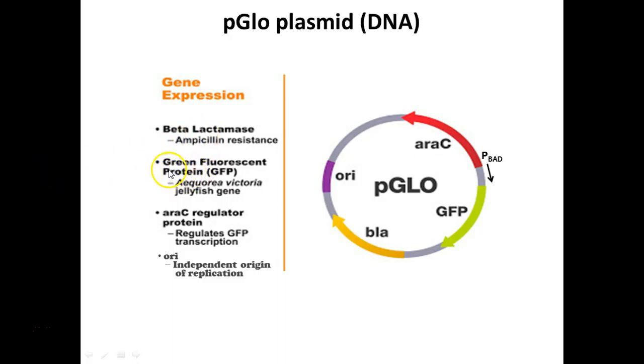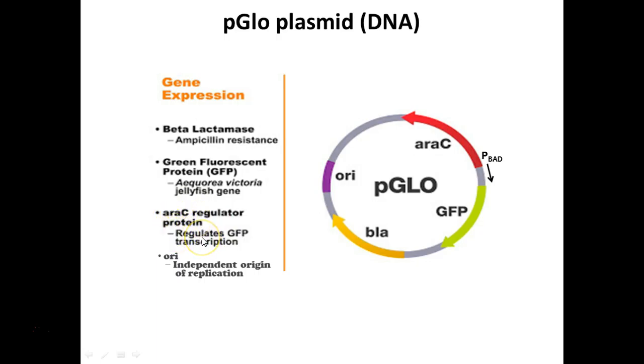The other thing we're going to give it is the genetic information on how to make green fluorescent protein. So in the DNA, in this code, this is how you make green fluorescent protein. And as I said, this is originally derived from jellyfish. We're also going to give it the ability to make this protein coded by araC.